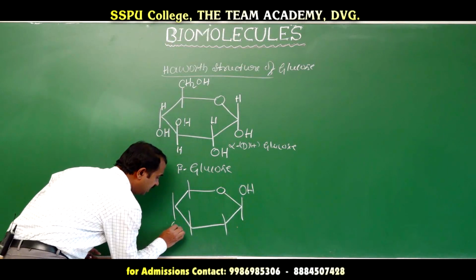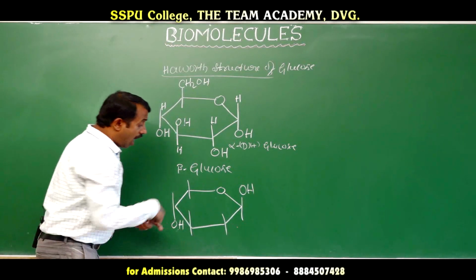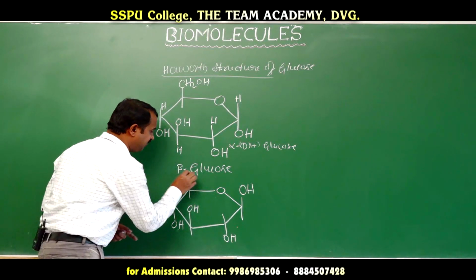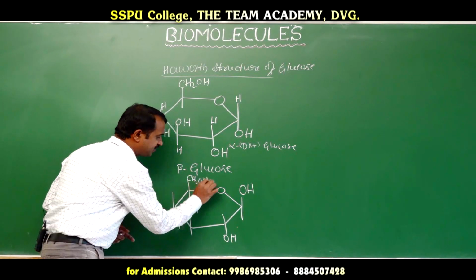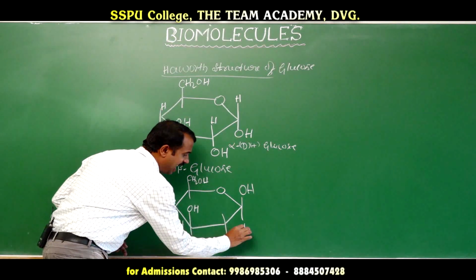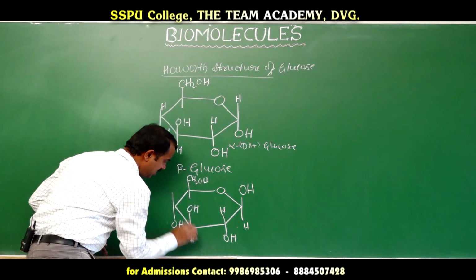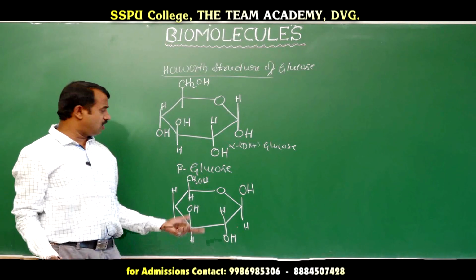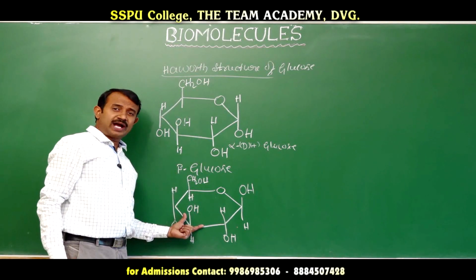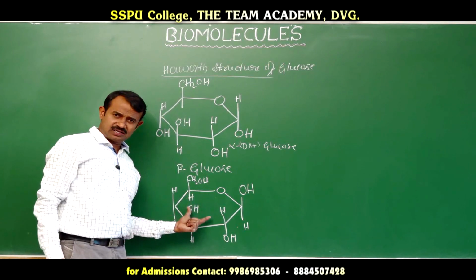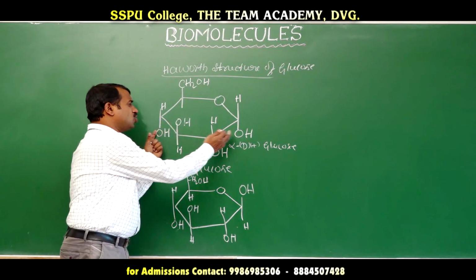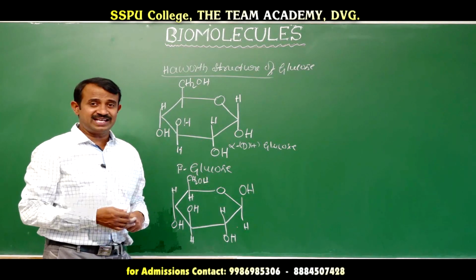Here OH, outside OH and inside OH. This is the fixed CH2OH. Okay. Here hydrogen, H. This is easy for how to write alpha glucose and beta glucose. Easy technique. Once alpha glucose is done, we will go for the reactions easily.